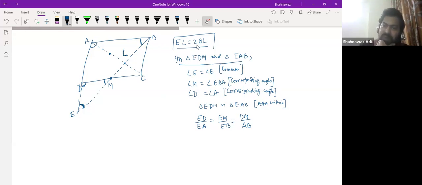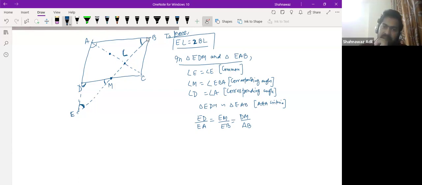Somehow we have to get this too. This is a very important thing. We have to prove EL equal to 2BL. So we'll use that, right?